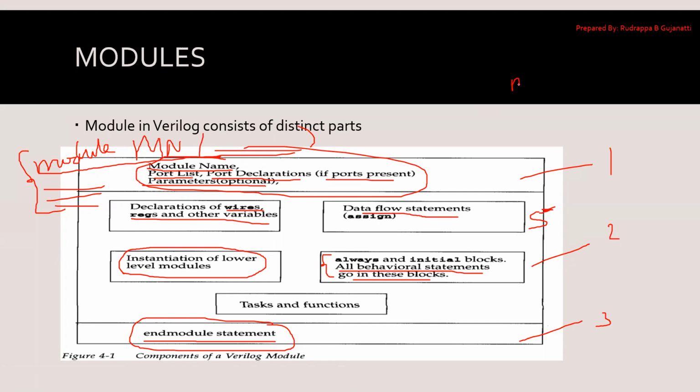Suppose you have declared a module M1, and there is another module M2. In this, I want to use M1. So I declare a variable related to M1, which we call an object. This is nothing but creating an instance of M1.